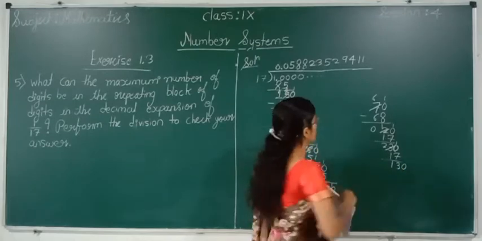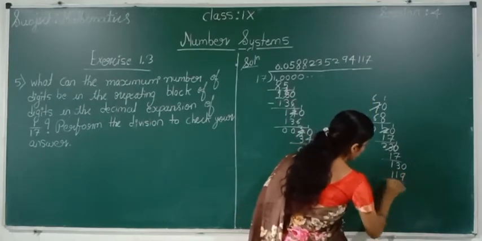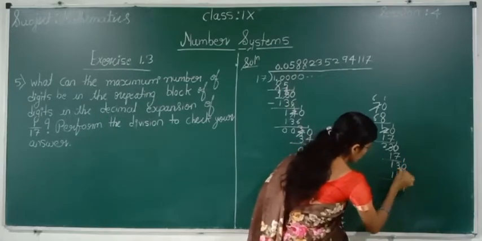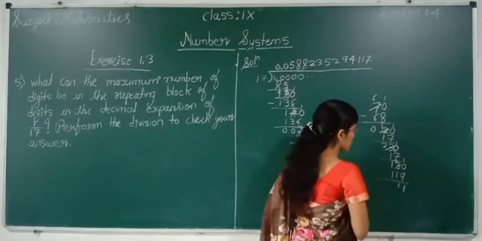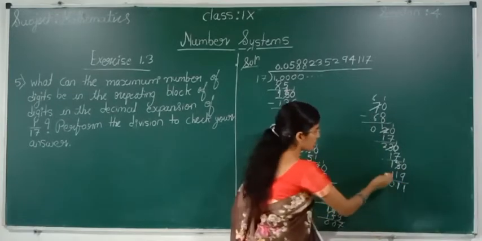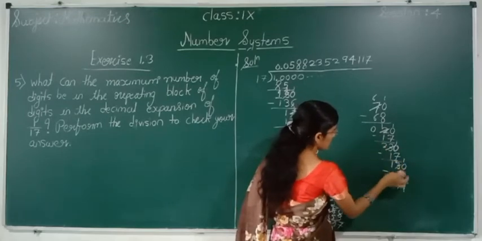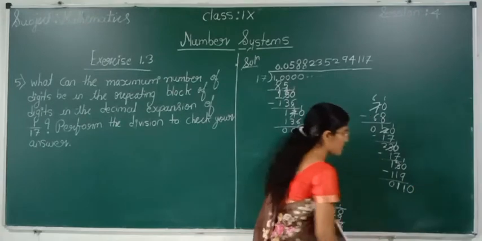We will go for 17 7s, 119. 10 minus 9 is 1. Here 2 minus 1 is 1. So 130 minus 119 is 11. Then it will become 110.